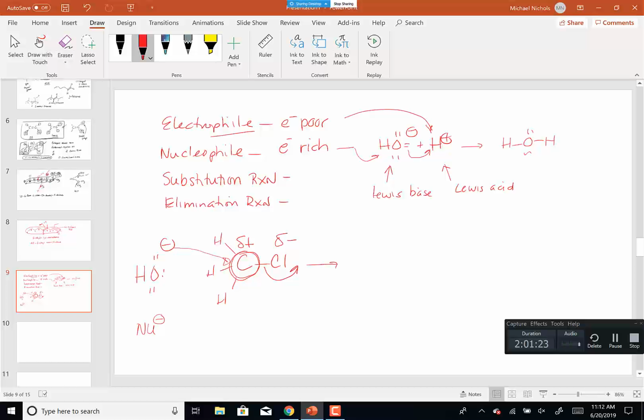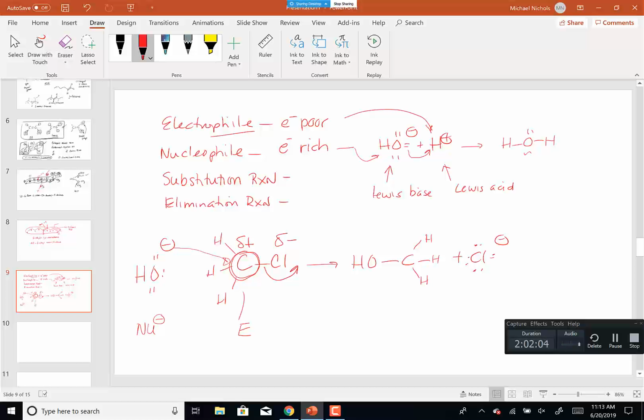So now the hydroxide's going to be attached to the carbon, and the chlorine is now left with a full-blown octet, which means it has the negative charge. And so in this reaction, what I've done is I've reacted a nucleophile with an electrophilic carbon, meaning that it's electron poor.